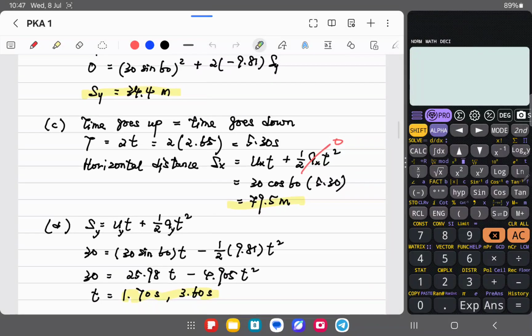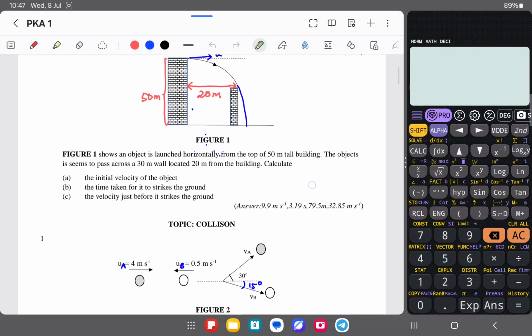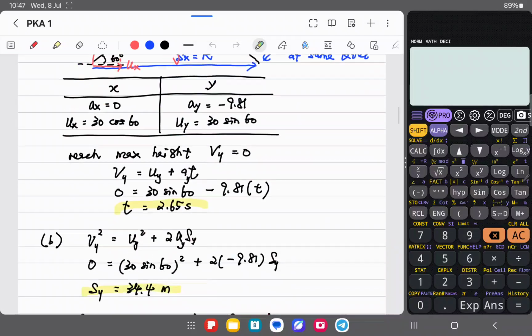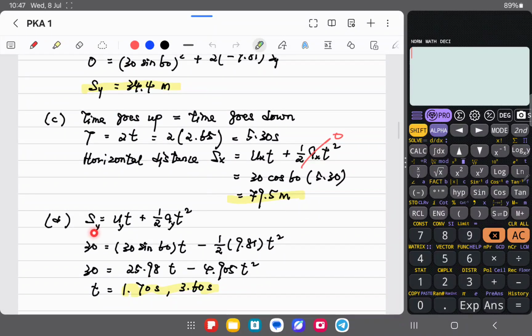Then the last question, we need to find the time taken to reach a height of 30 meters. So now our Sy is 30 meters. We use s equals ut plus half at squared. We want to determine the time whereby our displacement y is 30 meters.